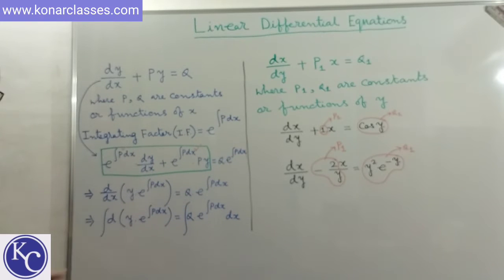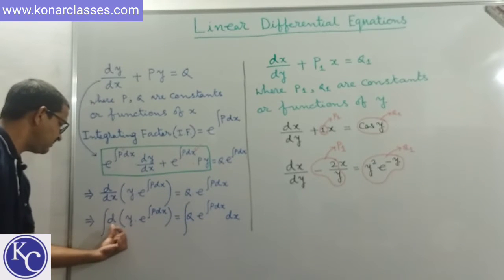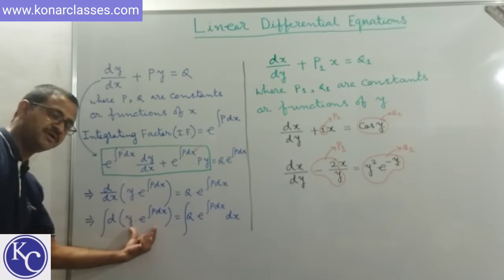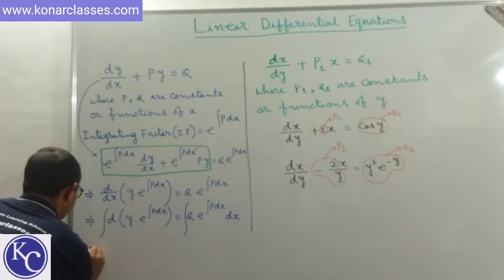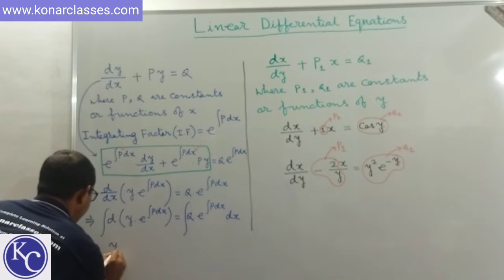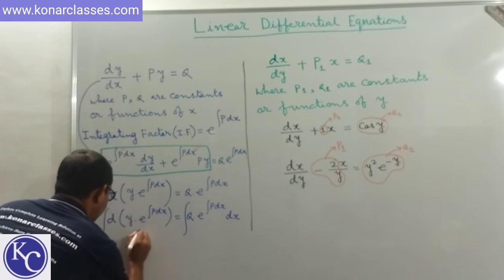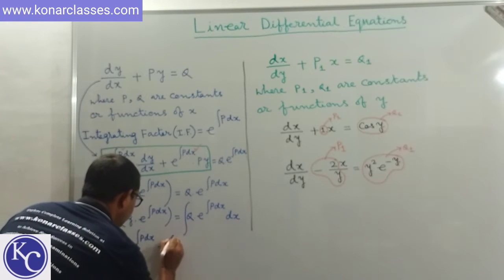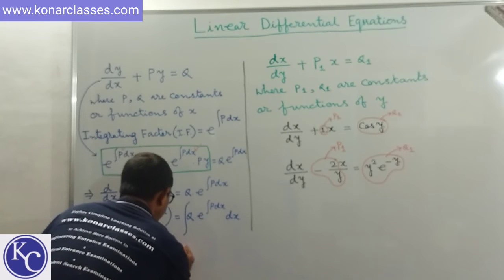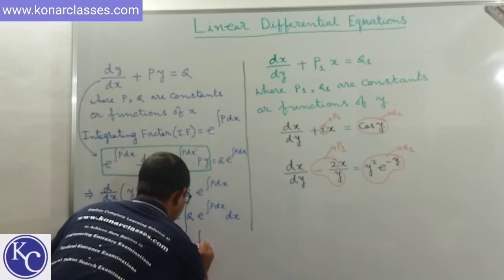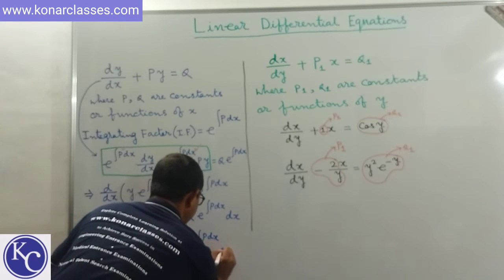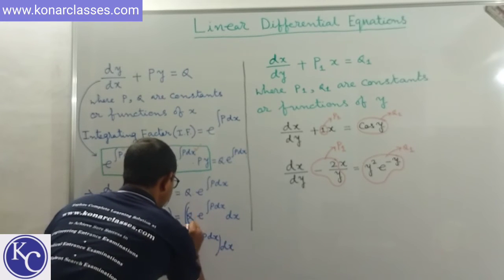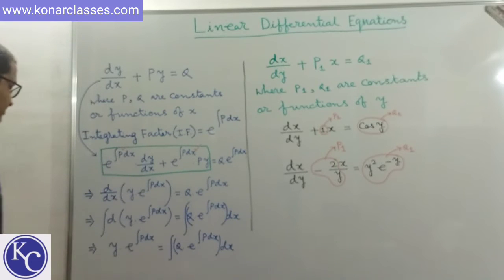Now this integration of differentiation will give you y into e power integration p dx. So this will give you y into e power integration p dx is equal to the integral of q into e power integration p dx dx, correct? You can write it like this for the sake of clarity.